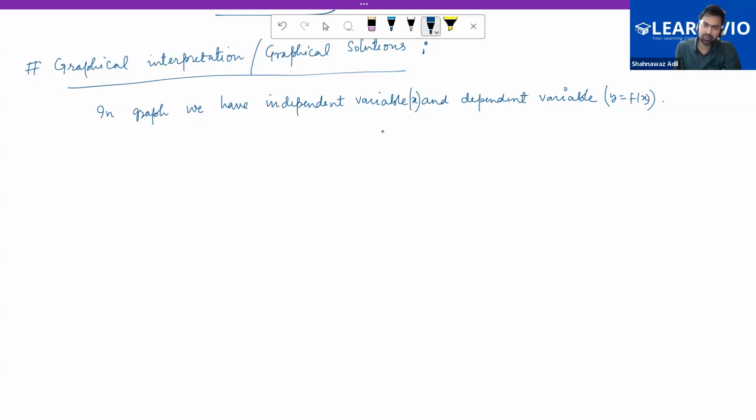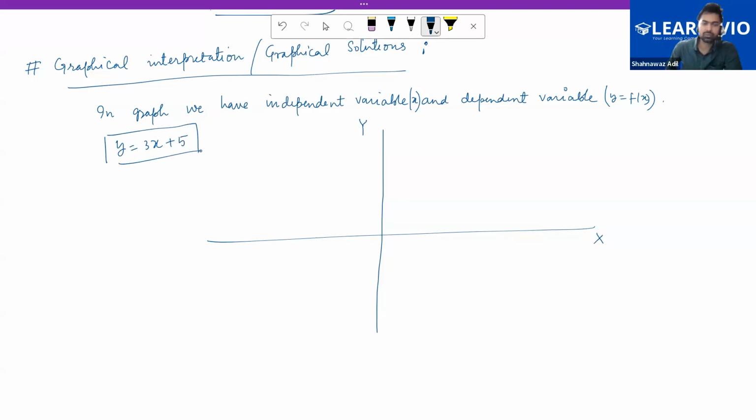So let's say we have these two things: this is the x-axis, this is the y-axis. If we plot, let's say, y equals 3x plus 5, something like that, this is the equation of a straight line.